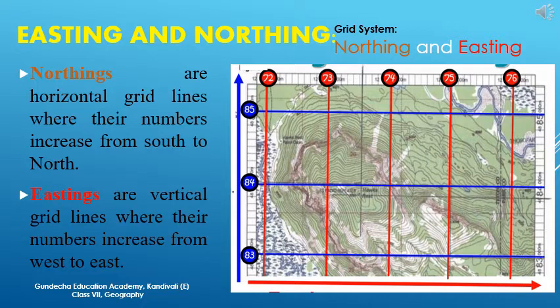So, we can easily say that northing lines are look-alike lines of latitude, whereas easting lines are look-alike lines of longitude. In the given picture, blue lines are northing and red lines are eastings. But on a topographical map, eastings and northing lines are always in red color.